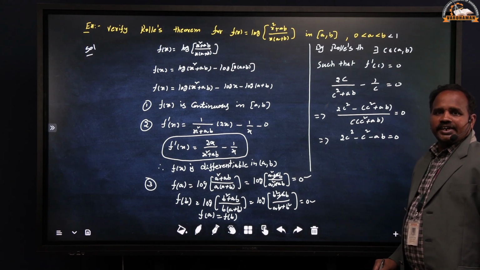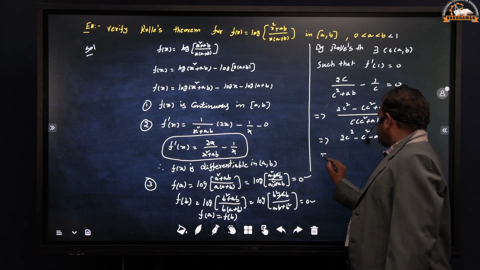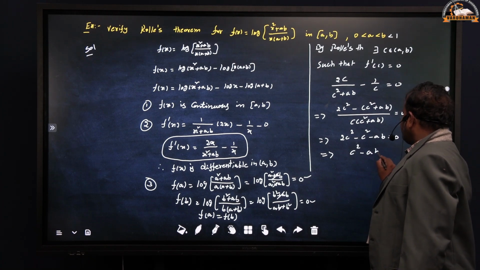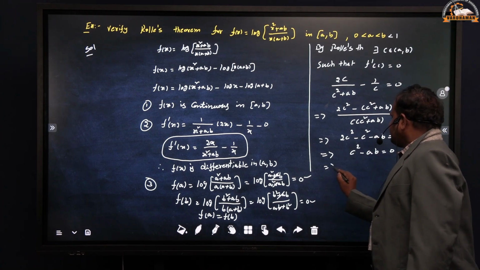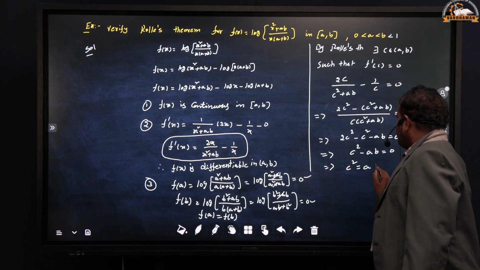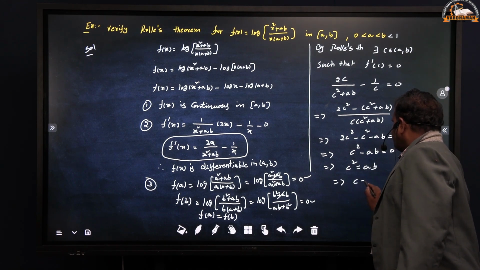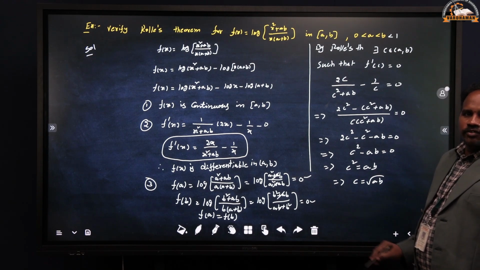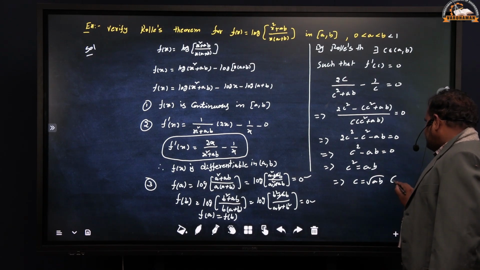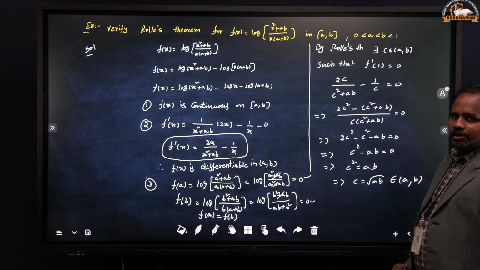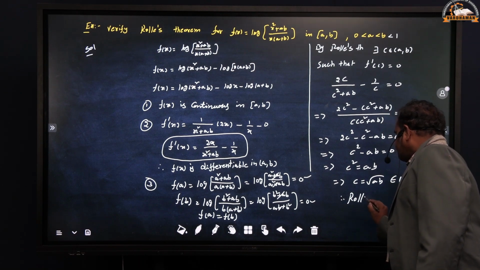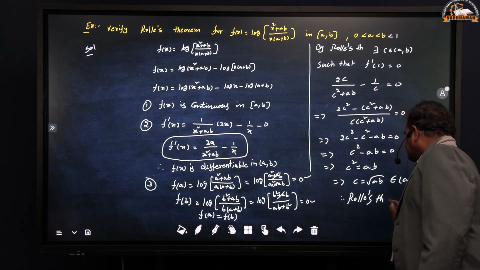The denominator goes to the right hand side, it becomes 0. 2c square minus c square is c square minus ab is equal to 0, c square is equal to ab, so c is equal to root ab, which is nothing but the geometric mean of a and b. We know that the geometric mean always lies between the elements a comma b. Therefore c belongs to the open interval a comma b. Therefore Rolle's theorem is verified.